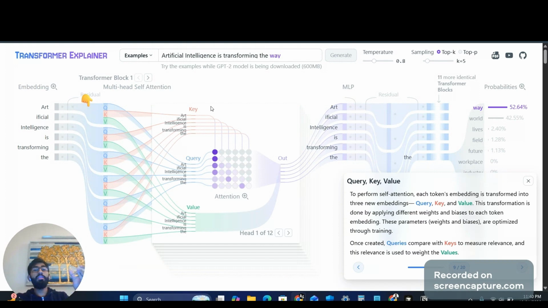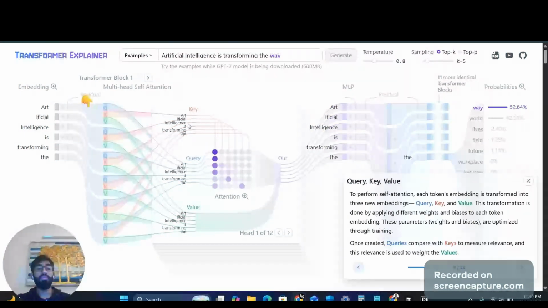Then you do a dot product multiplication with the query and key. When you do that, you get bias. The bias is added, and then you do the activation to get the weighted sum of the weights and biases from those two, added up. So you can see art with art is 1. Art with official is 0.93, because if you combine art with official, it's artificial.